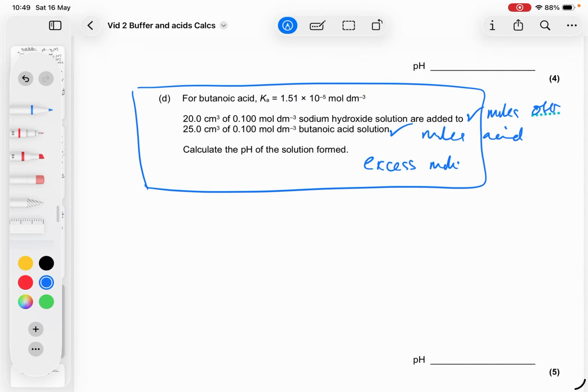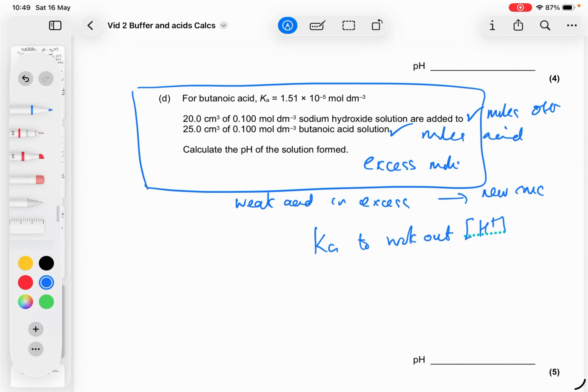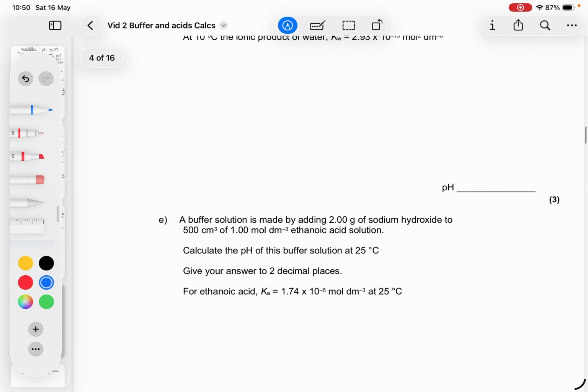And in this question, the acid is in excess, and because it's a weak acid in excess, you will use Ka to work out H plus. After you work out the new concentration, you follow the same procedure, minus log, and you should get an answer of 5.42. So I'm going to leave the question there, so that it will help you to calculate on that.